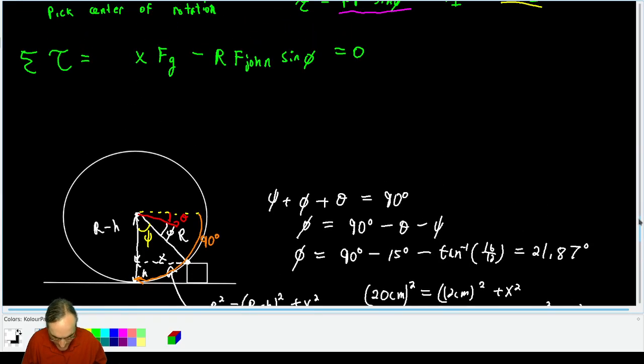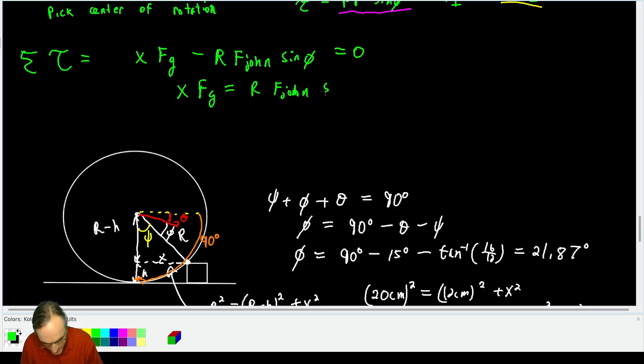We've got everything we need, so looking at our torque, x Fg is equal to R F John sine of phi. So force of John is equal to x Fg over R sine phi.